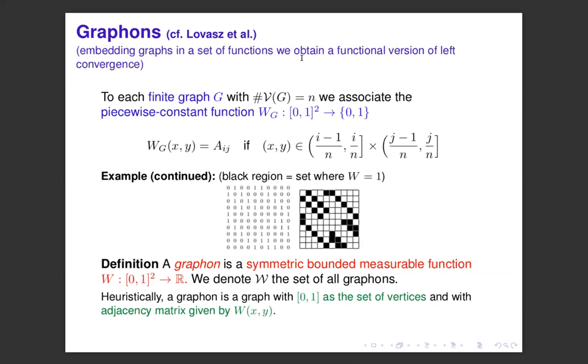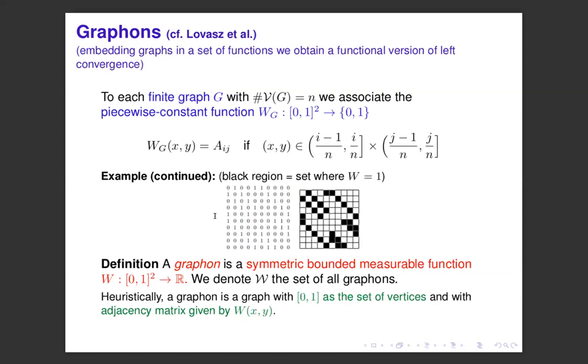So if we have a finite graph, to every finite graph we can associate a piecewise constant function, which is essentially obtained by taking the value 1 on a square where the adjacency matrix is 1, and you take the value 0 elsewhere.